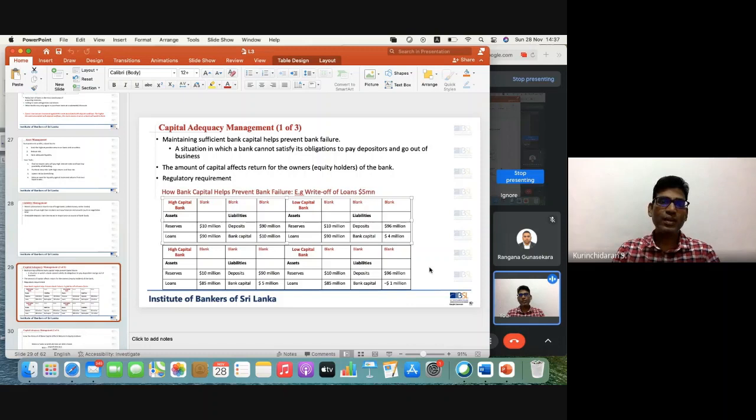So high capital is very important, because when you have unexpected losses, the capital should be there to absorb them, and you have to maintain capital adequacy at all times. That's what ALCO always discusses, capital adequacy. That's very important.